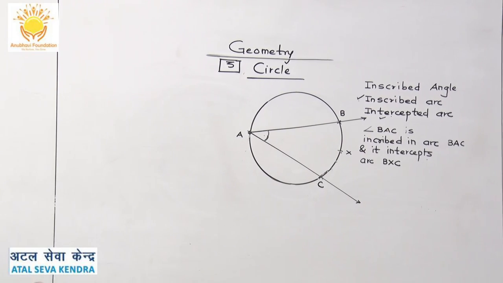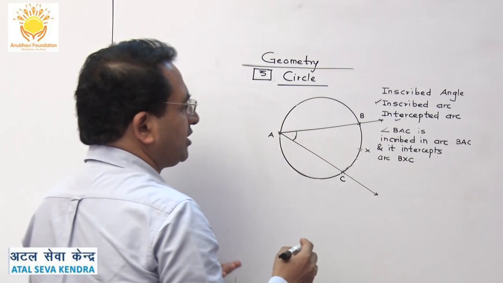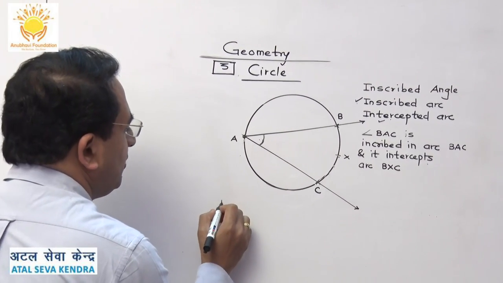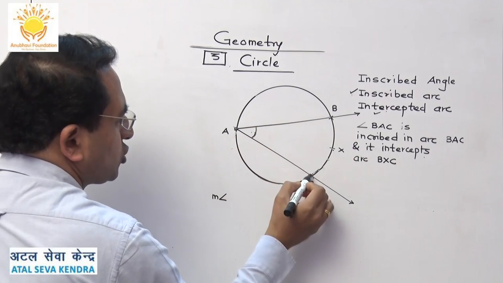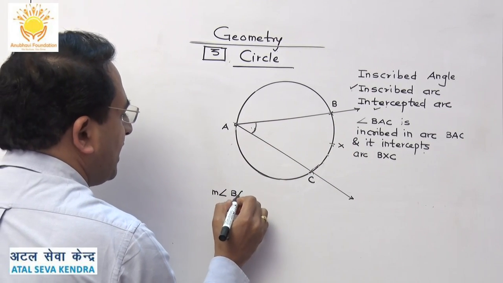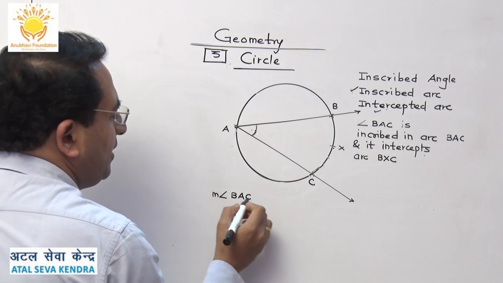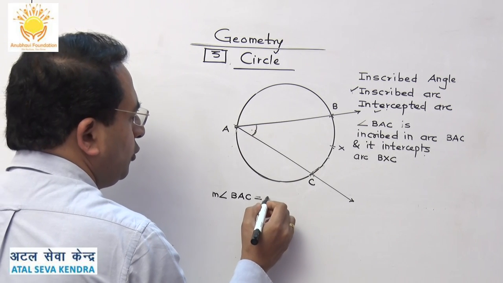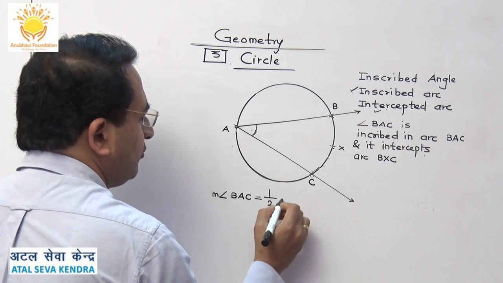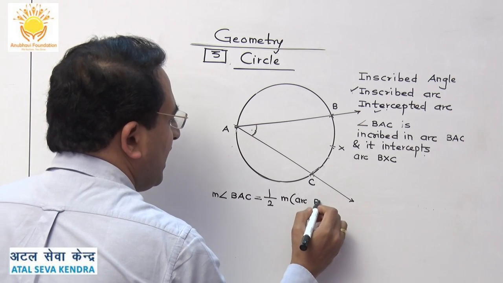Now there is a certain relation between the inscribed angle and the intercepted arc. This angle is called the inscribed angle. That is why we say BAC. So angle BAC is congruent to, or equal to, 1/2 times the measure of arc BXC.